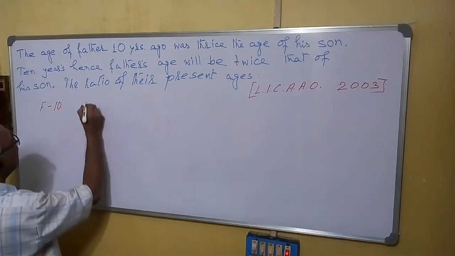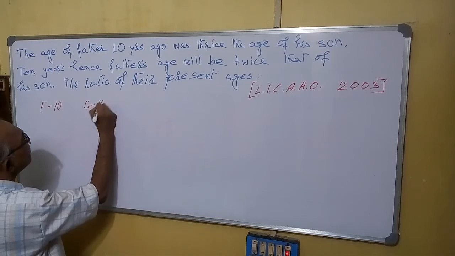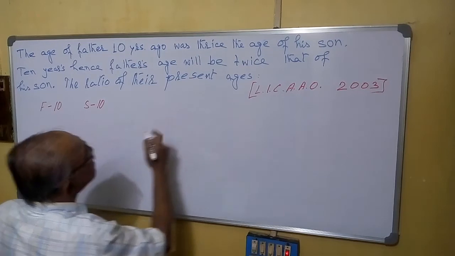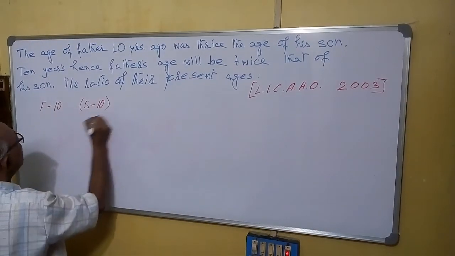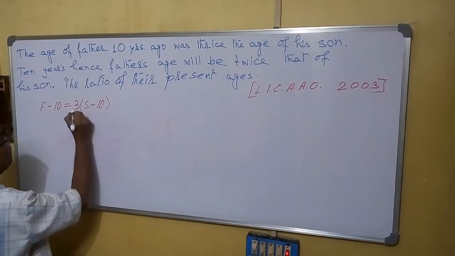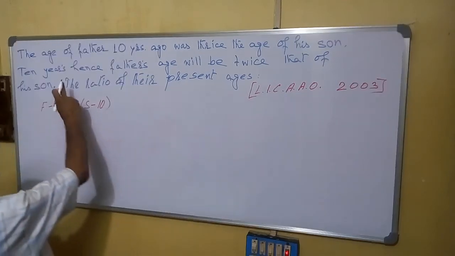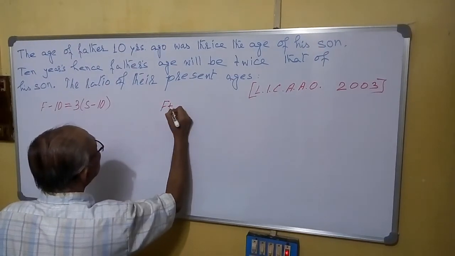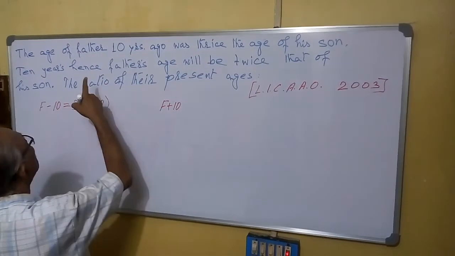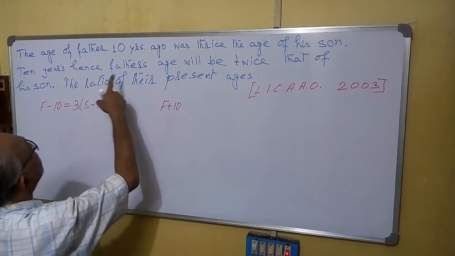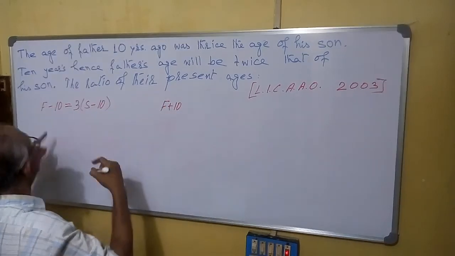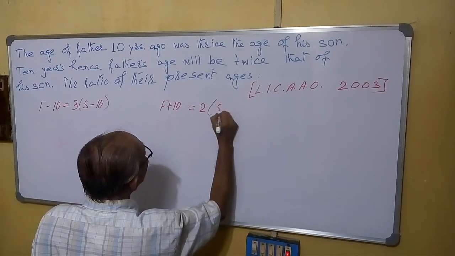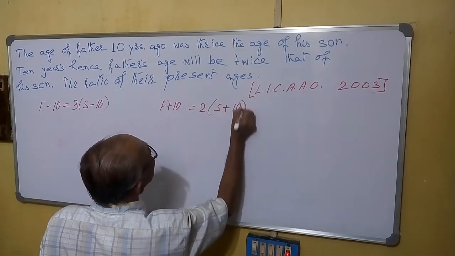The son's present age is s, so his age was s minus 10. The father's age was thrice the age of his son, so this one equals 3 times this one. And 10 years hence means f plus 10. The father's age will be twice that of his son, equals 2 into s plus 10.